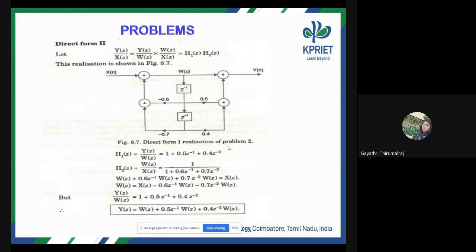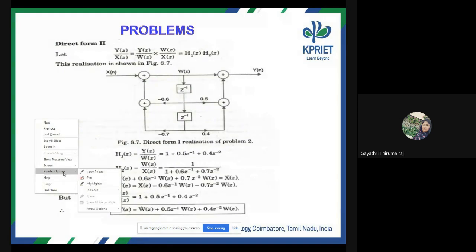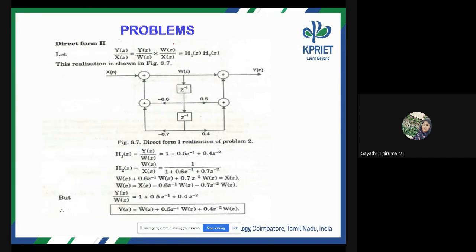So in direct form 2, you are going to introduce a new variable w of z. What is your transfer function? It will be y of z divided by x of z. Here you are going to introduce a new variable w of z. For that, you're going to multiply and divide this transfer function by w of z.